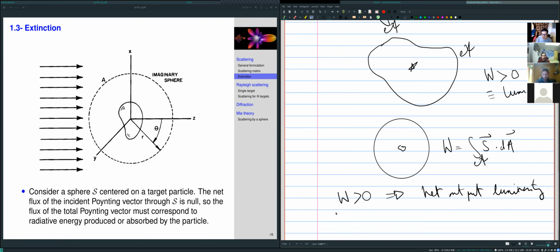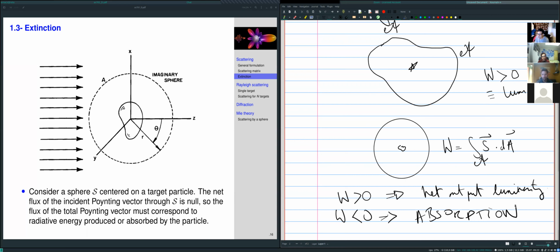Now, if W is negative, what happens then? What do you think is going to happen? It's absorbing it somehow. Yes, because of course we have absorption. We need to conserve energy, right? If we lose a flux of radiative energy, if we lose radiation flux, it's got to go somewhere.